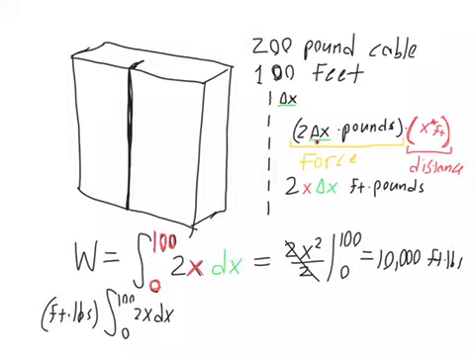So since delta x is the length of the cable, and since the cable is 200 pounds for every 100 feet, then this would be 2 times delta x pounds for this small piece of cable of length delta x. So that is the amount of force acting on this little piece of cable if we were to take this and move it up to the top of the building.